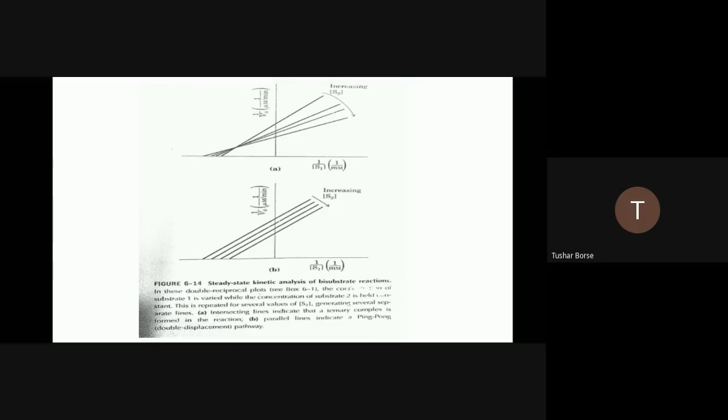And in the second graph, we can see parallel lines. That is, the first substrate is coming, forming a complex, and converting into product, and that product is leaving the complex. So parallel lines indicate the ping pong or double displacement pathway which we have seen.